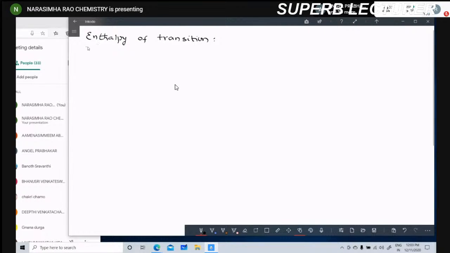Enthalpy of transition: one mole of a substance undergoes transition from one allotropic form to another.